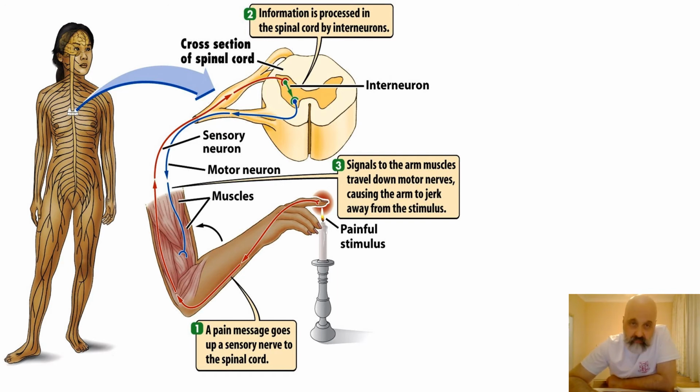And the blue one just here is a motor neuron. And that results in a response. The candle is the stimulus, the movement of the arm is the response. So it always goes stimulus, sensory neuron, relay neuron, motor neuron, response.